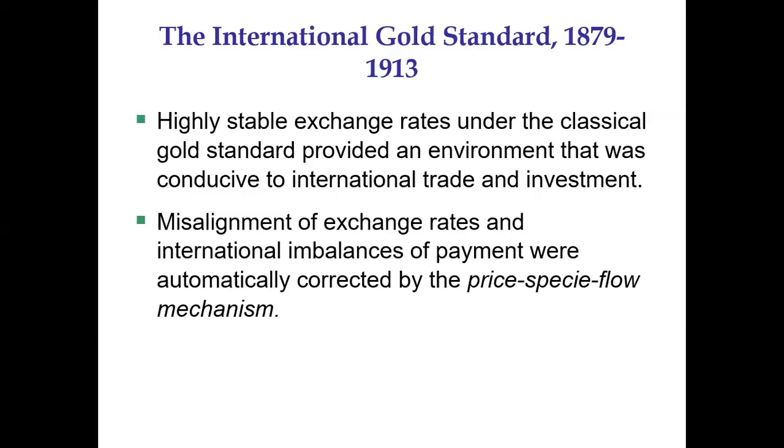The misalignments, that is, mismatches of exchange rate and international balance of payments, were automatically corrected by the price specie flow mechanism. Now, what is this mechanism? As per this mechanism, suppose the currency of China is going high, it is more demanded, more people are using it. Ultimately, China needs to maintain more and more gold reserves.